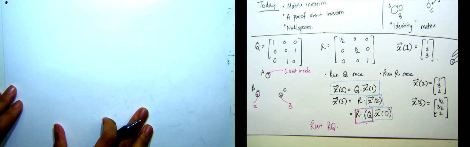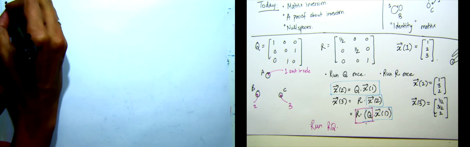Okay, so if I wanted to just run one pump, I can equivalently run RQ as a pump. Okay, so now we understand how pumps run sequentially, we understand the identity pump, so we're basically set.